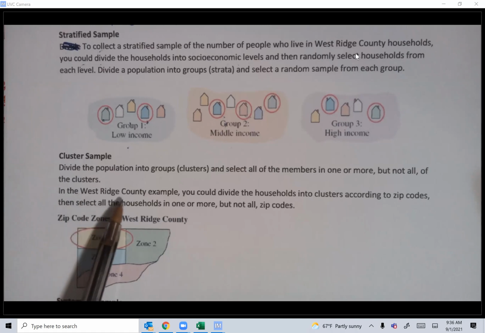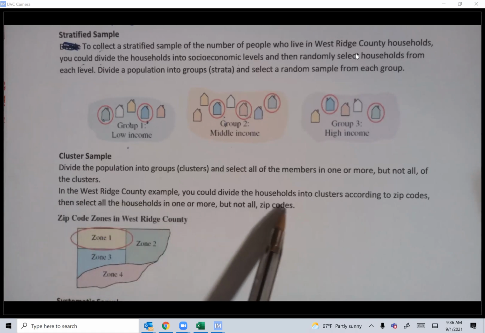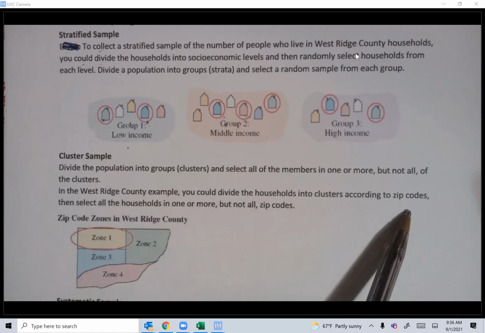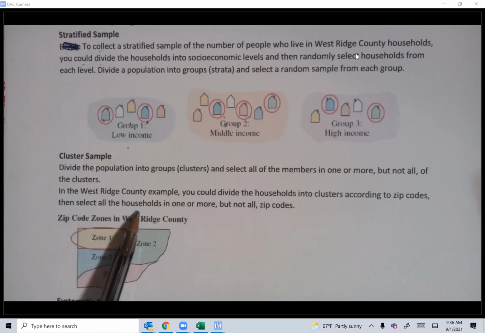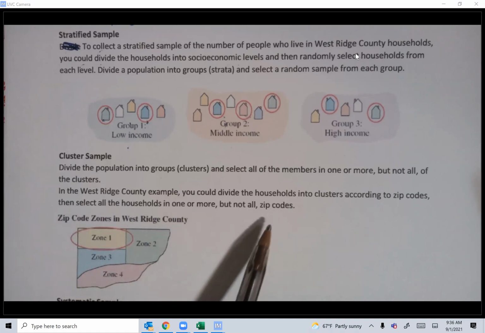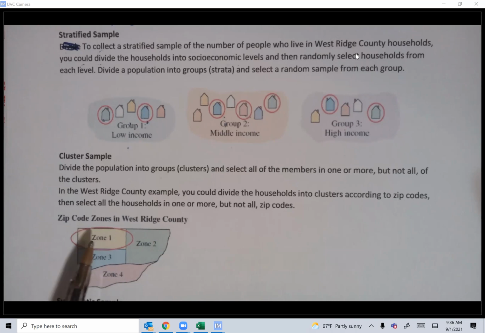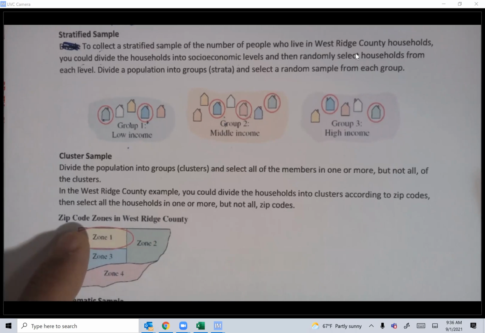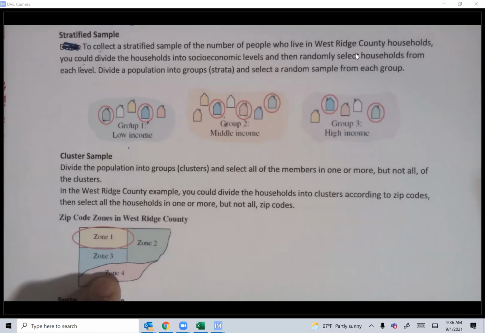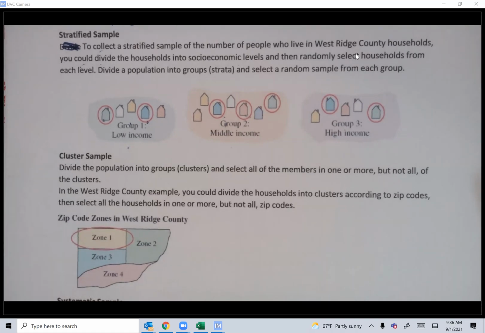So in the Westridge County example, you could divide the households into clusters according to zip codes, then select all the households in 1 or more, but not all the zip codes. It could be all of zone 1 and all of zone 4, for example. You put them all together in the sample.